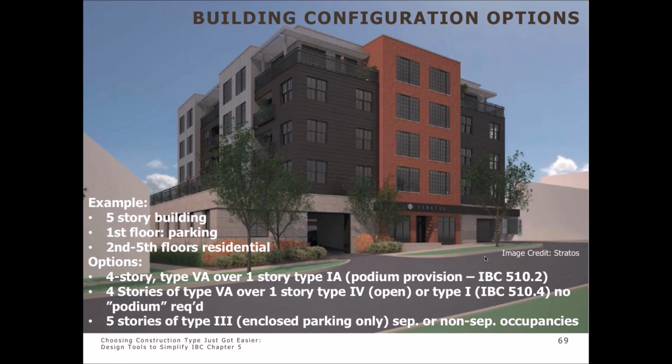Well, we could go 4 stories of type 5A construction over a 1-story type 1A podium using 510.2, or we could look at using 510.4 and still go 4 stories of type 5A, but now rather than going a full 1A podium with a 3-hour horizontal cap, we would be able to reduce some of those requirements in that podium level. The third option is just going the entire building, say, as type 3 construction, 5 stories of type 3.